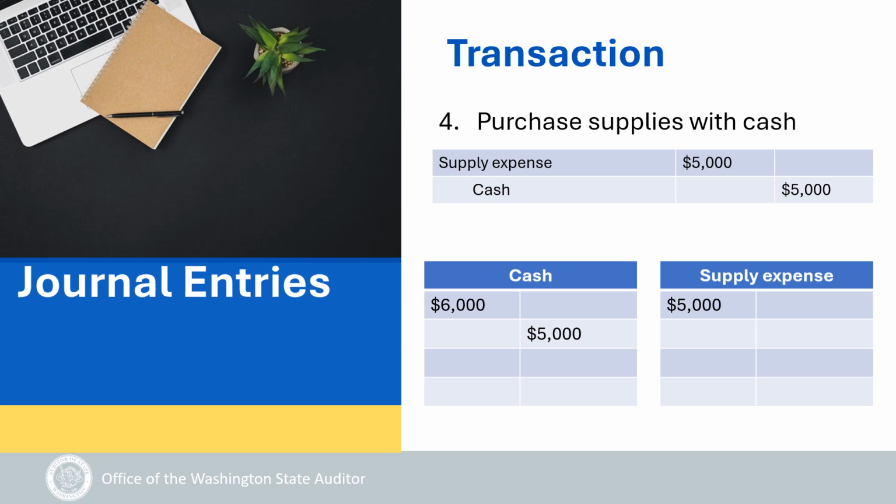When you read T accounts, you net the debits and credits. A $6,000 debit minus a $5,000 credit gives us a $1,000 debit balance in the cash account. That means right now we have $1,000 in cash. For the supply expense T account, we debit this account, so the $5,000 goes in the left column.